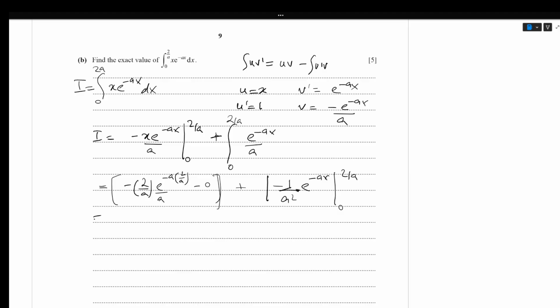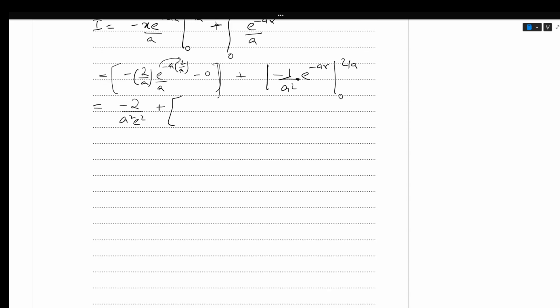Okay, so a cancels from the top and bottom. -2 over a square e square, because e to the power -2 goes down and becomes +2. Then plus -1 over a square e to the power negative a into 2 by a.